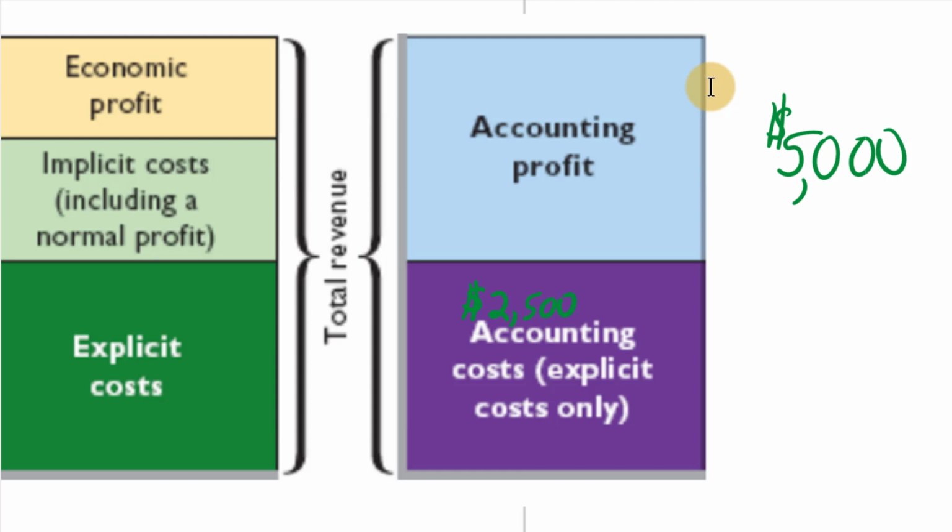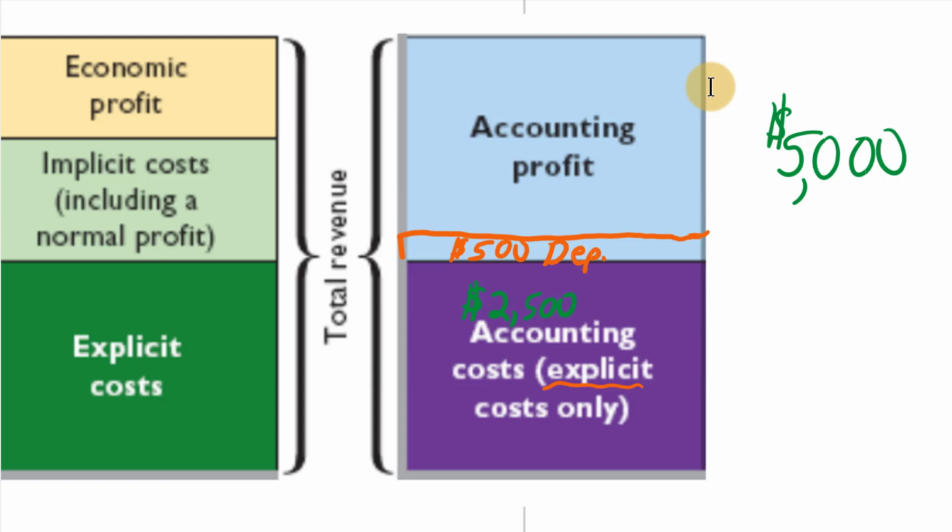This graph kind of sells accountants short just a little bit. Your accountant says, oh, and there's this other thing, not just explicit costs that we look at, we also look at depreciation. I looked your equipment up in these tables, and these tables told me that your depreciation was $500. So this is accounting depreciation.